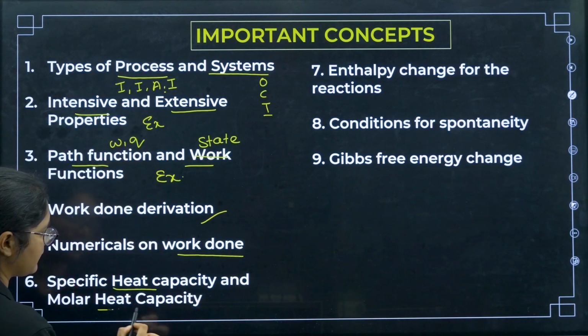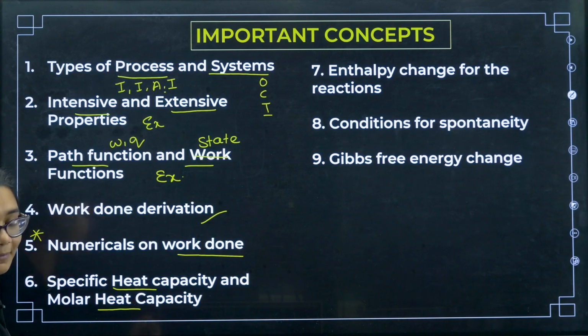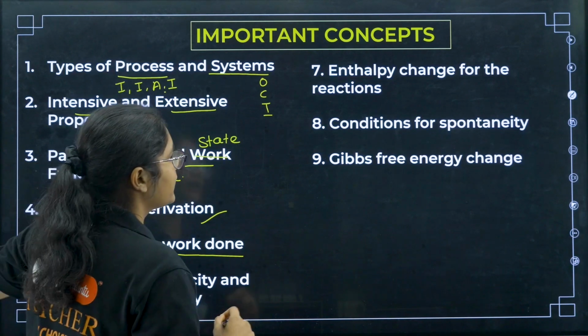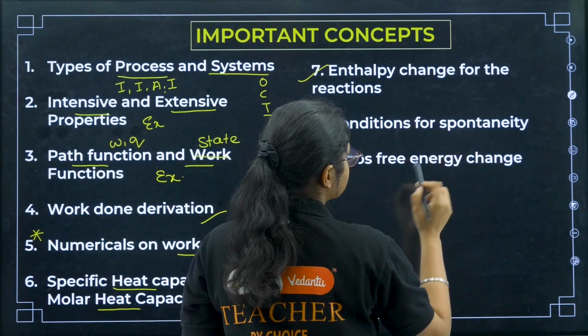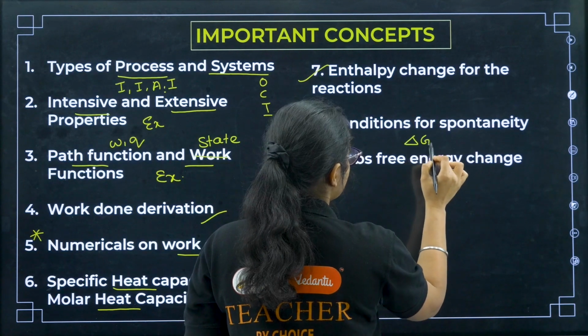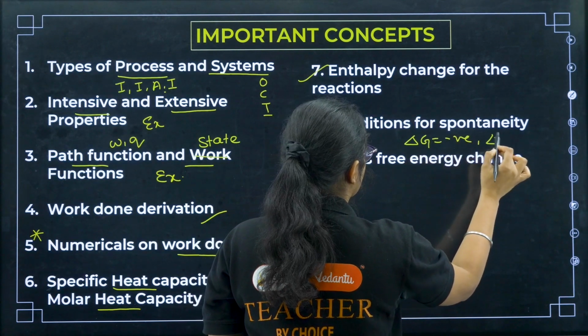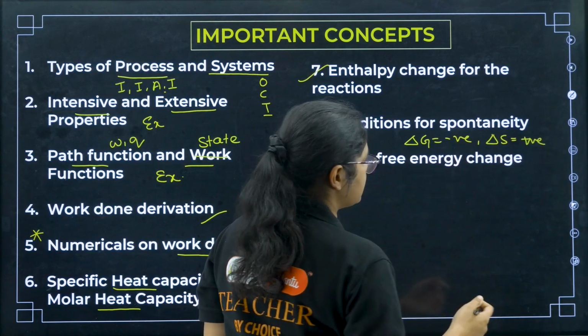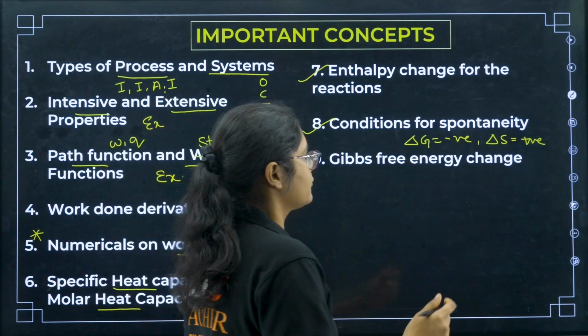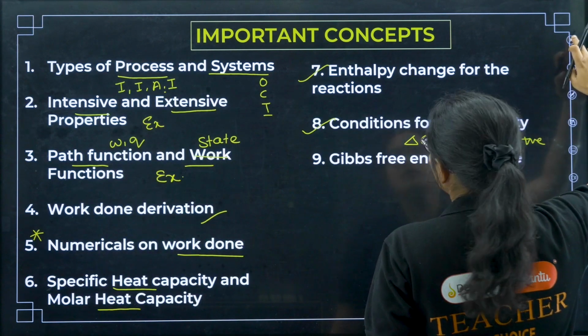Then what is specific heat capacity, what is molar heat capacity, their definitions. Then how to calculate enthalpy change for a reaction. Then conditions for spontaneity: delta G should be negative and delta S should be positive. Next, what is Gibbs free energy and its formula. We will discuss that.